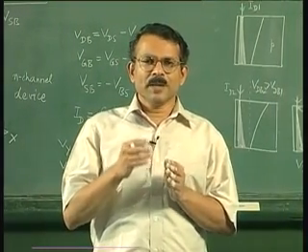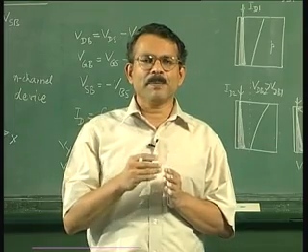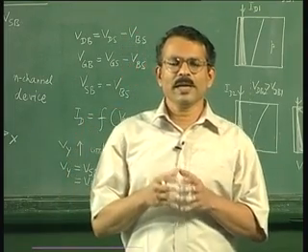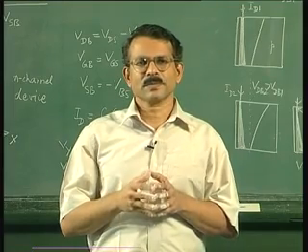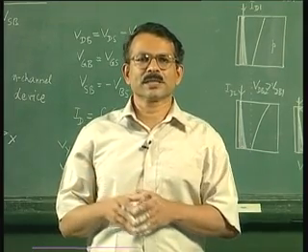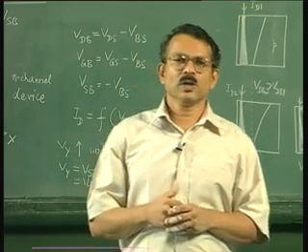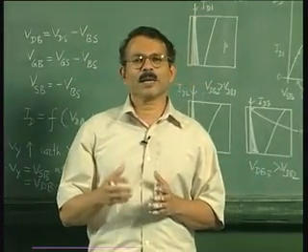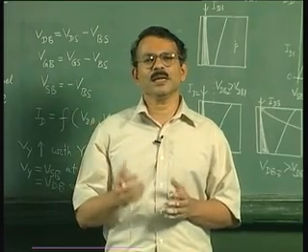These terminologies mean different things in bipolar and MOS transistors because the people who developed the theory of the bipolar transistor and the MOS field effect transistor were different. That is why the nomenclature means different things in the two cases.